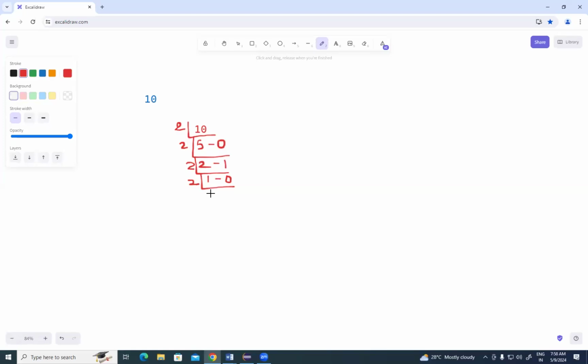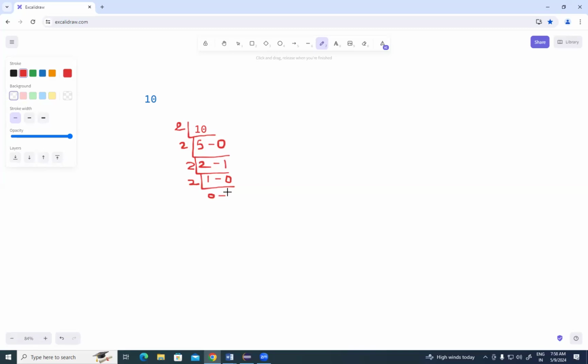We can't divide 1 with 2. Don't say 0.5, because in the integer system, integer divided by integer gives an integer result only. So tell me what now? Divide 2 by 2, you get 1, then 1 divided by 2 gives 0.